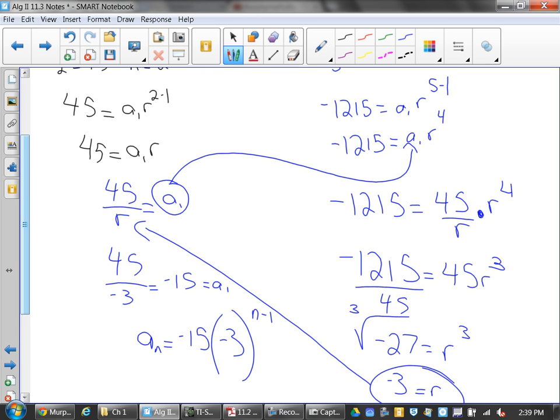See how we had first term r to the first power? Here we had first term r to the fourth power. Whichever one of those two equations works out to have the smaller of the two exponents, use that one as your pivot, if you will, to substitute in. It's an easier method. All right?